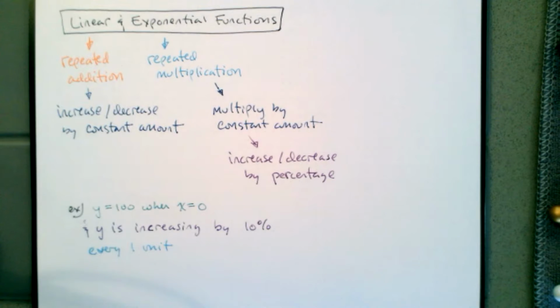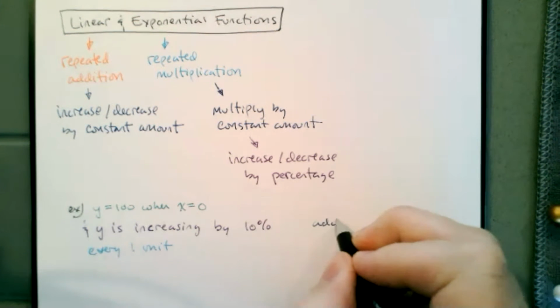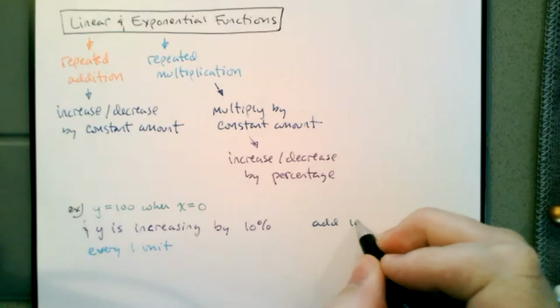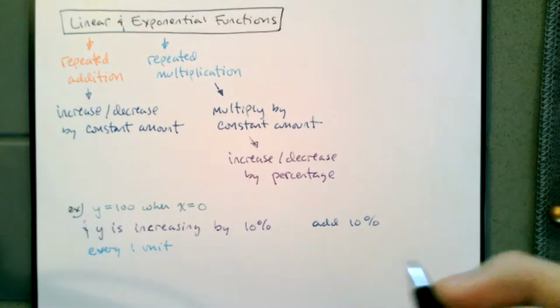So here's a description. Y is 100 when x is 0, and y is increasing by 10%. So we're going to add 10% every unit. So we will add, not add 10, but add 10% every unit.